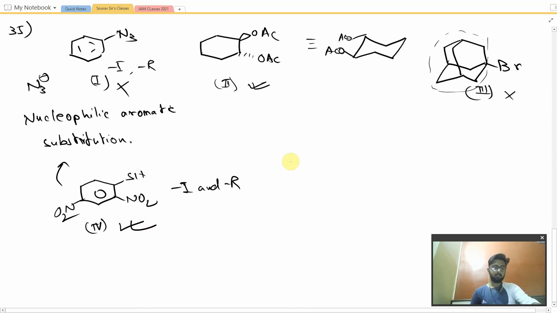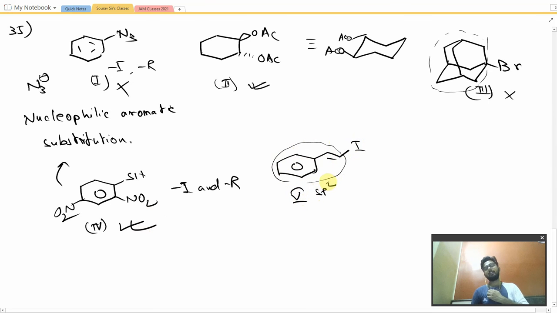Moving on to the next structure, here all the carbons that we have in our system are sp2 hybridized. This is obviously structure number 5. So none of the carbons would be undergoing any type of direct nucleophilic substitution. So this won't have any reaction as such.